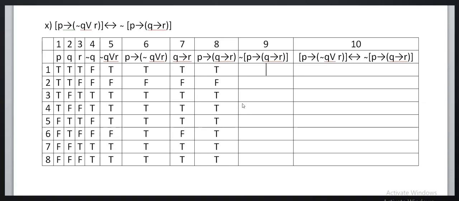And this is the ninth one. It's a negation. Now the double implication between the eighth and ninth: T and F are different. If both are different, then it is F. Everywhere, all are different.